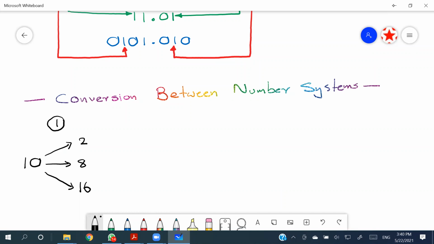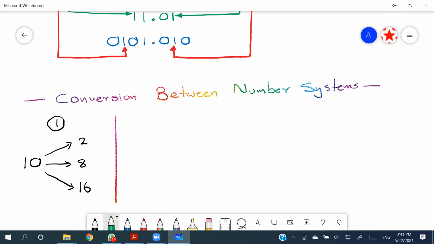In our case, we are going to convert decimal into binary, decimal into octal, decimal into hexadecimal. All 3 conversions have the very same technique. So what you have to do is learn the technique. That's all you have to do.